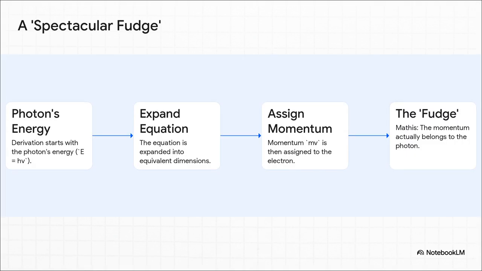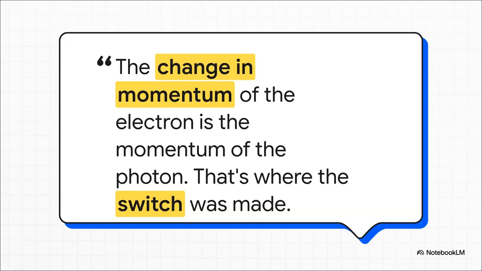The math starts with the photon's energy equation. Then it gets expanded. In this new, longer equation, a momentum term, mv, magically appears, and then that momentum gets assigned to the electron that's in orbit. But here's Mathis's big aha moment. The equation we started with was for the photon, so he argues that momentum has to belong to the photon too, not the electron. As he puts it, the change in the electron's momentum is the photon's momentum.